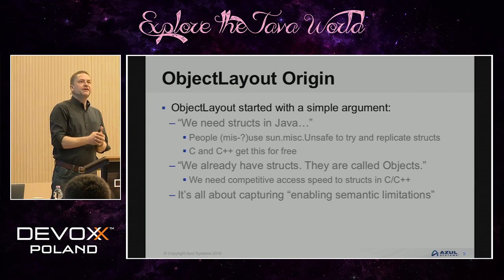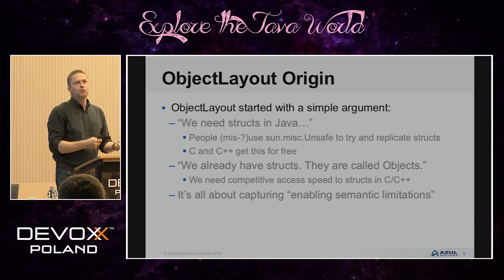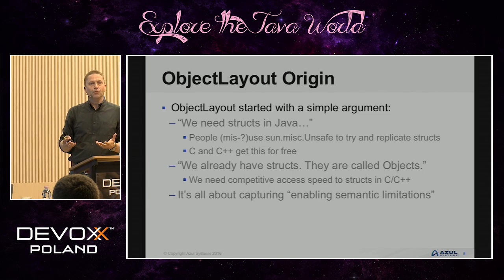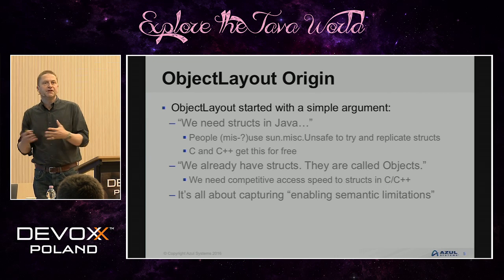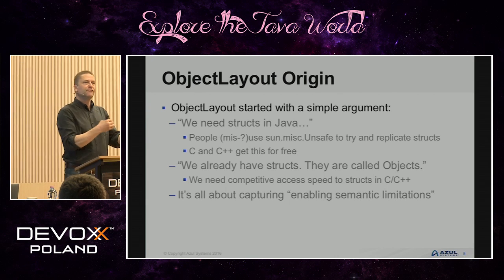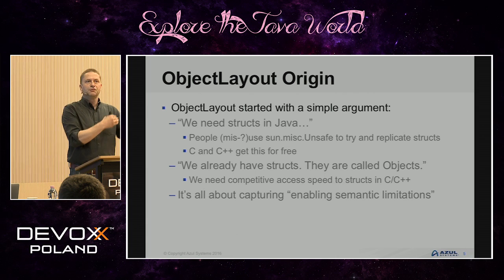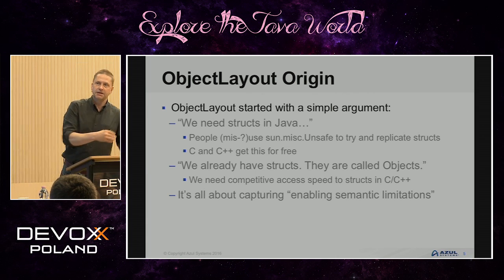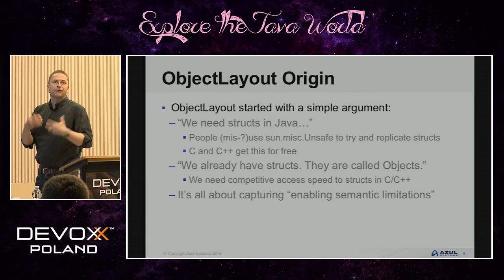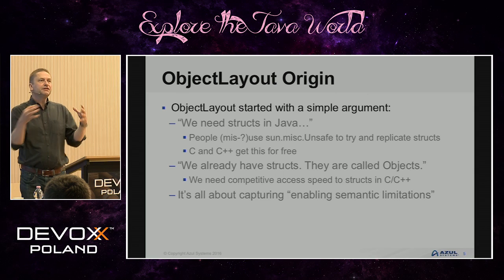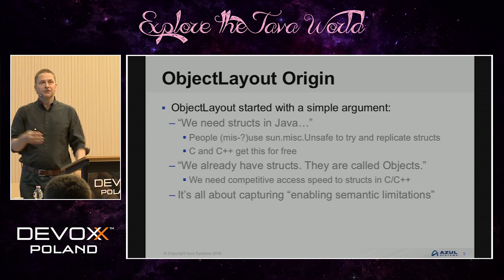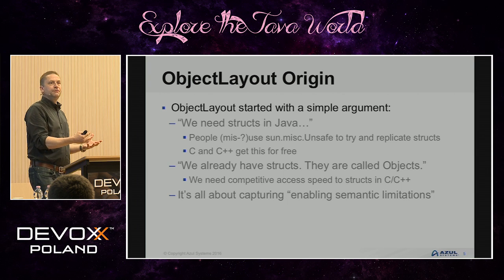But then the flip side of that, in terms of Java, is, well, we already have structs. We just call them objects. Because if you think about it, a struct is just a way of putting together different pieces of data, potentially different types, different primitive values, and treating them as a single entity. So an object is exactly what we do in Java to do that.